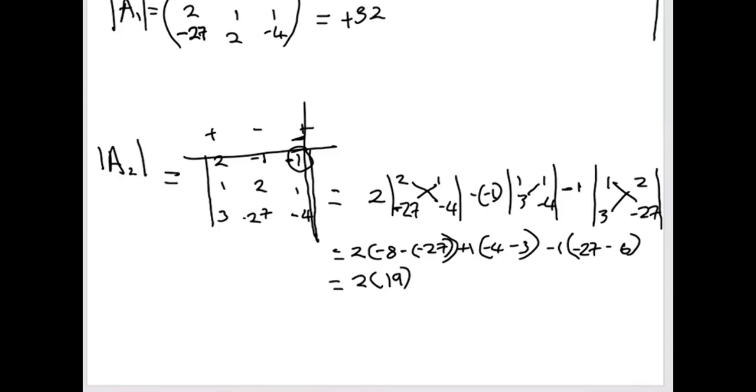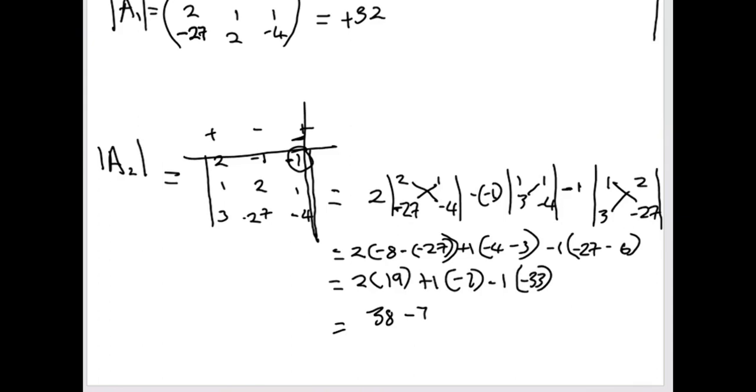Then plus 1, -4, -3, -7, minus 1, -27, -6 is -33. So 2 times 19 is 38. 1 times -7 is -7.